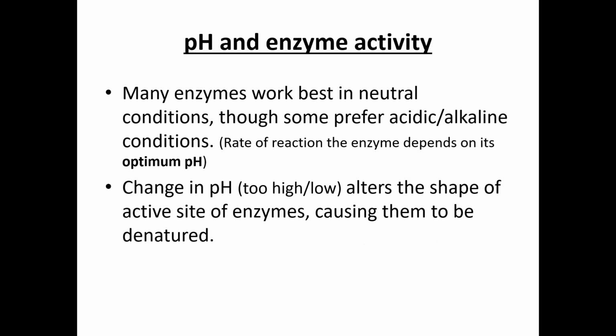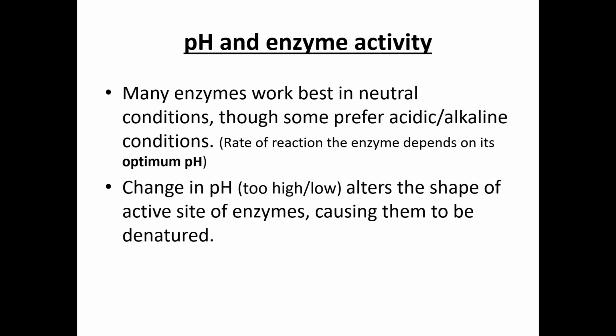First one is pH and enzyme activity. We know pH goes from pH 1 to pH 14, starting from acidic at pH 1 to pH 6, pH 7 is neutral, and pH 8 to pH 14 is alkali. Many enzymes work best in neutral conditions, which is pH 7, and some prefer acidic or alkaline conditions.